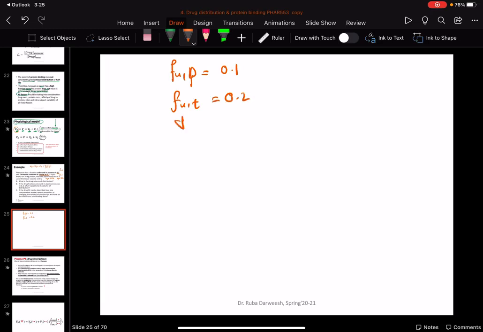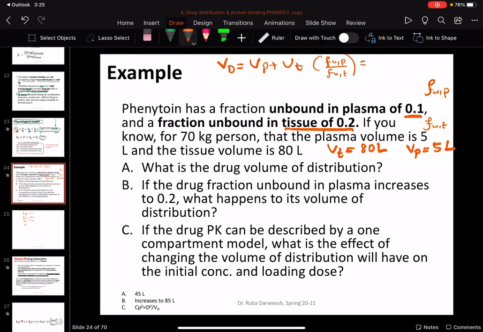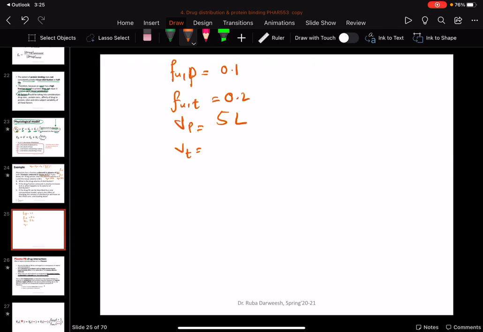We have volume of plasma, volume of the tissue. This is 5 liters and this is 80 liters.